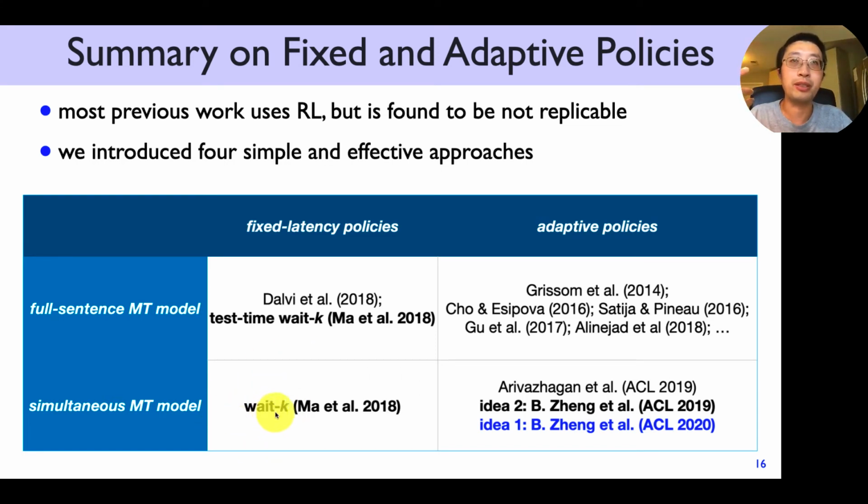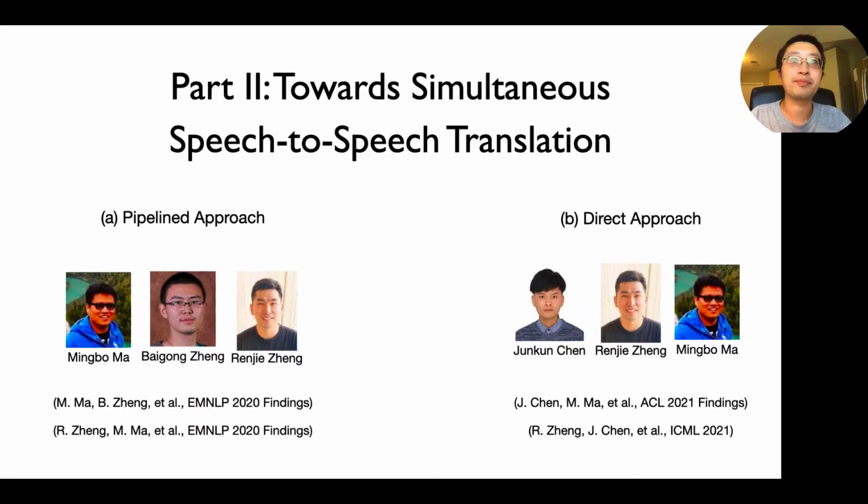So that's the genuine wait-K, or retrained wait-K. But that's for fixed policies. For adaptive or dynamic policies, we have other work using RL and other methods. But our work is very simple, and especially the one in blue uses heuristic rules to switch between different wait-K policies. That's actually the most stable and easiest to use policy and works the best.